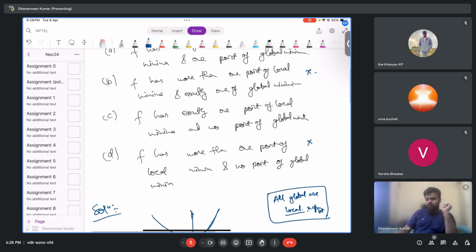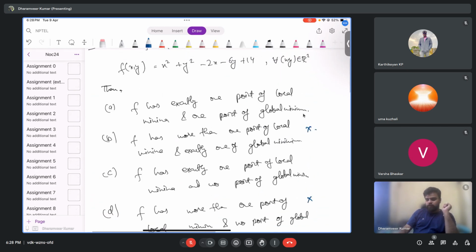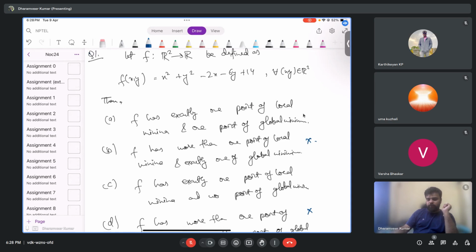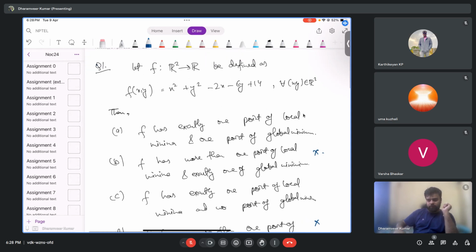So the question is either it has one point of global minimum or no point of global minimum. It can have only these two because there is exactly one local minimum, right? So it can be 1 or 0. It cannot be 2, as I told you, right? So now what is the case? How do we decide that? Okay, we know at 1, 3 it is a local minimum.